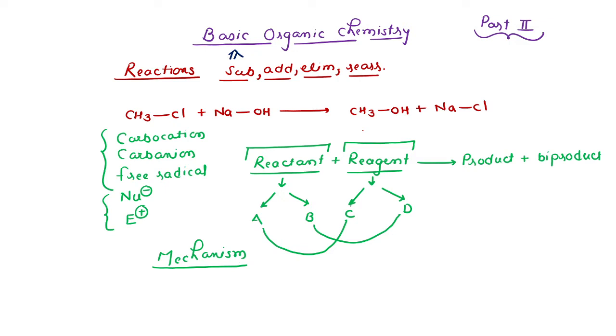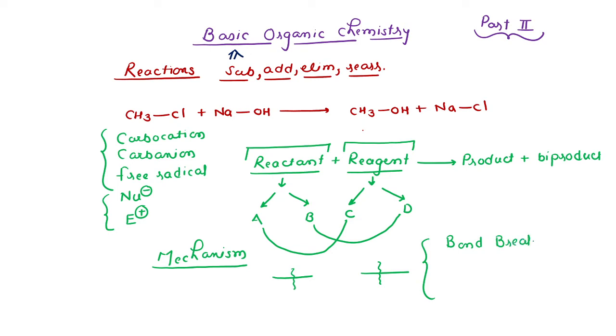So what is the thing making the bond of the reactant and the bond of the reagent break, and after breaking of this bond, what is going to form? So now we are going to learn the concept of bond breaking.